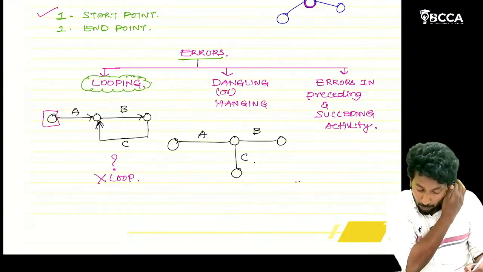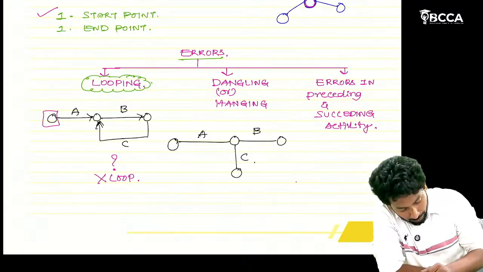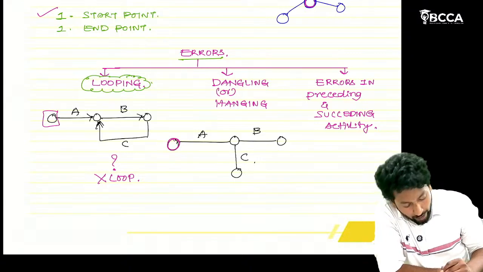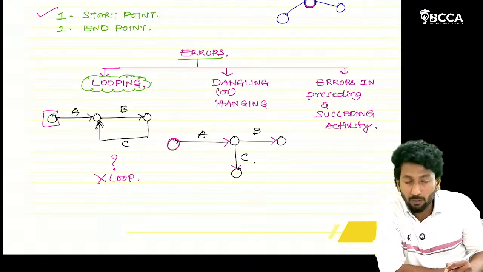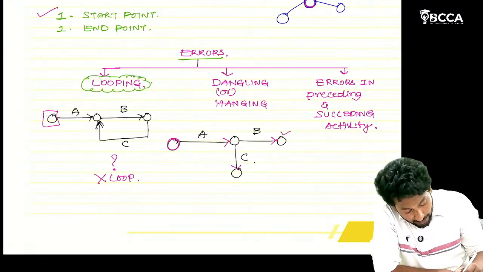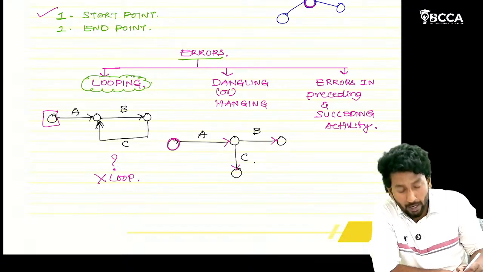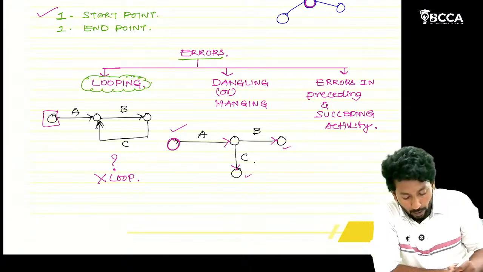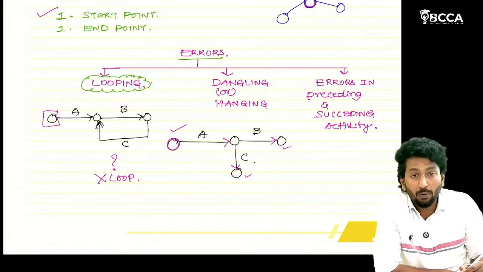Yes, we have the start point, A. After A ends, B and C can start. B is ending here, C is ending here. That means for this project we have two endpoints and one start point. But we said there should be one endpoint only, not two.